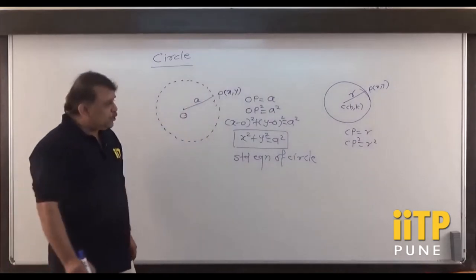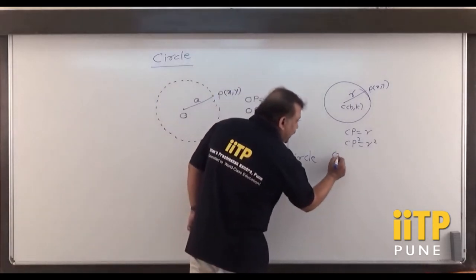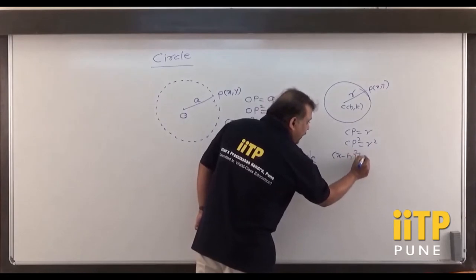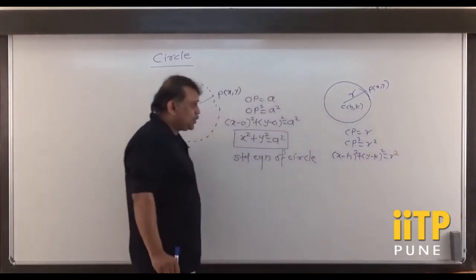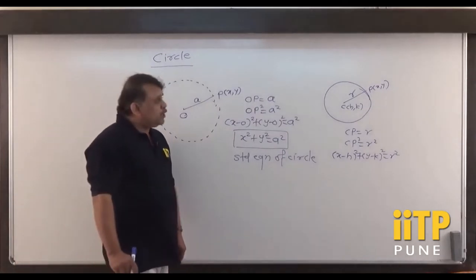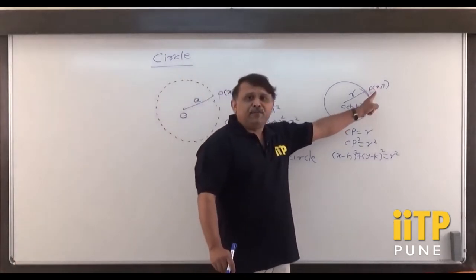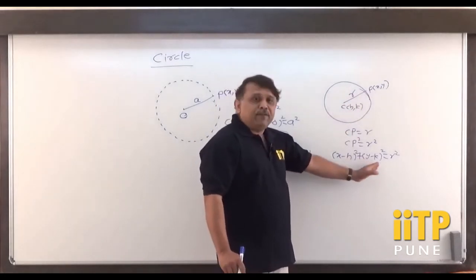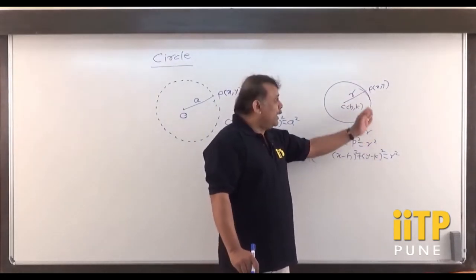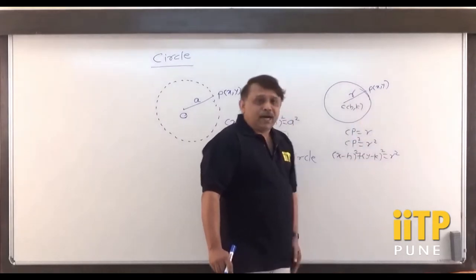Therefore by distance formula I get (x minus h) square plus (y minus k) square is equal to r square. Everybody knows the distance between two points is given by the difference between the x coordinates of the points squared plus the difference between the y coordinates of the points squared, which is equal to this r square.